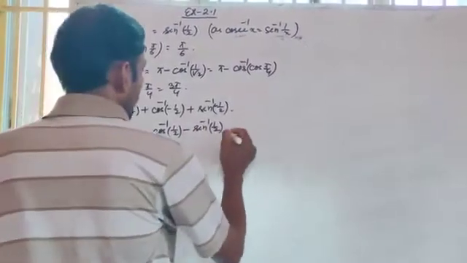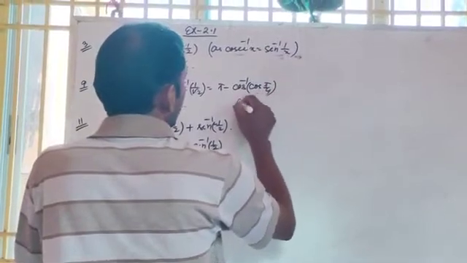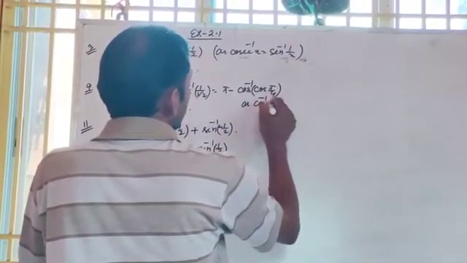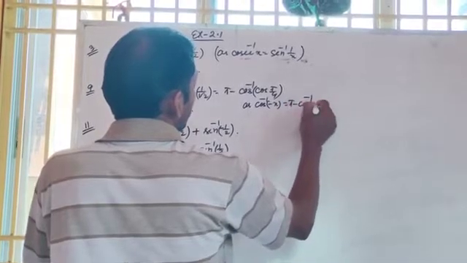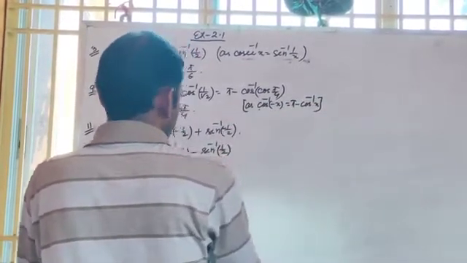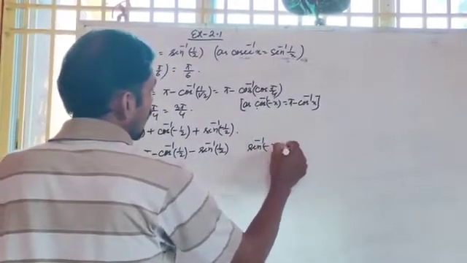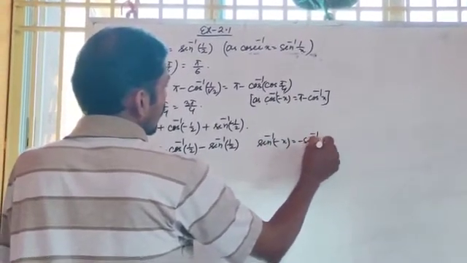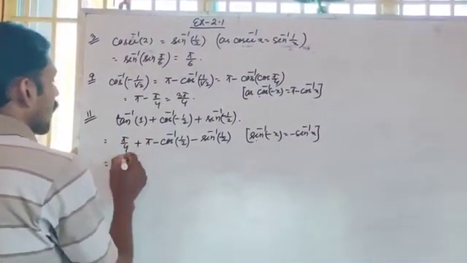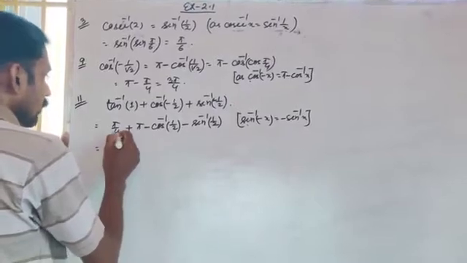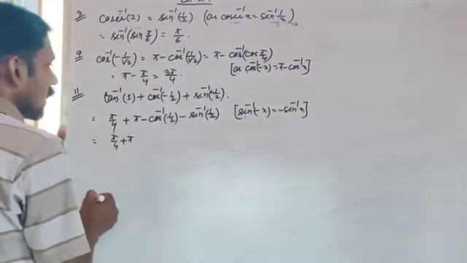See, rearrange it. You can write that cos inverse minus x is pi minus cos inverse x. And here sin inverse minus x. So it is pi by 4 plus pi.